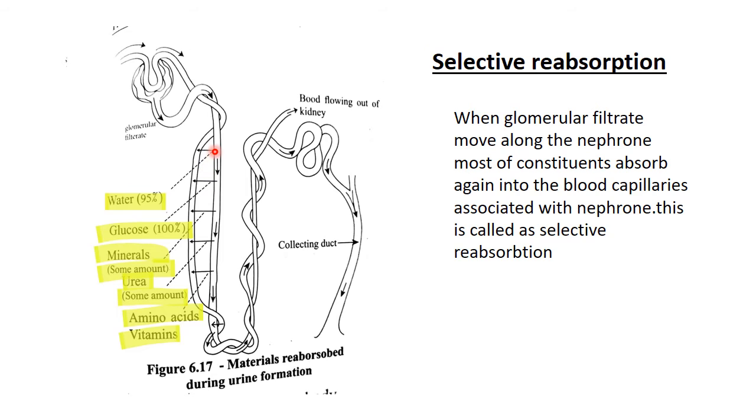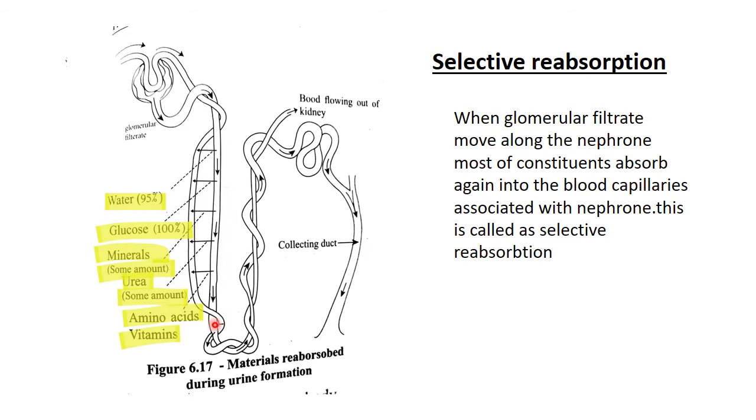So what constituents are reabsorbed again into the blood? 95% of water, 100% of glucose, minerals, urea, uric acid, amino acids, vitamins, and medicines. These are the constituents which are reabsorbed from the glomerular filtrate into the blood capillaries.